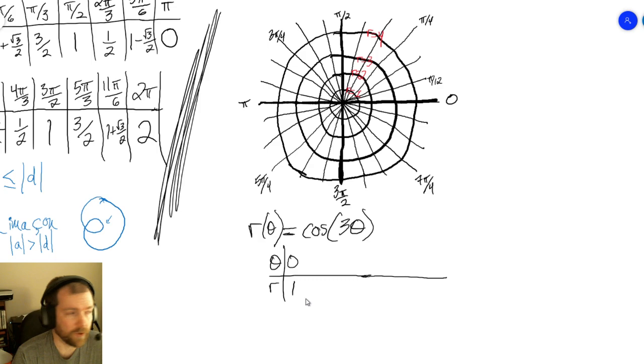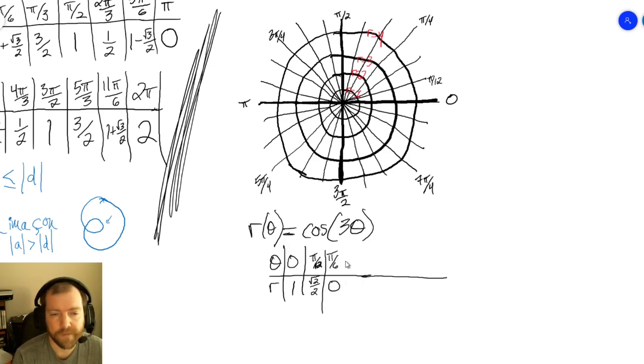So at 0, we still get 1. At pi over 12, we're going to triple it and get pi over 4, which is going to get us root 2 over 2. At pi over 6, we're going to triple this and get pi over 2, which is 0. At pi over 4, we triple this, we get 3 pi over 4, which is going to be a negative root 2 over 2.